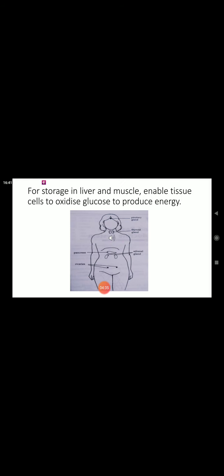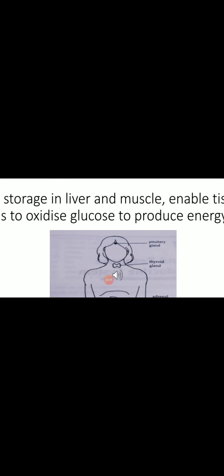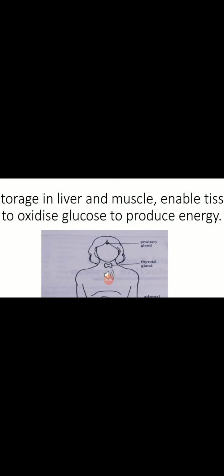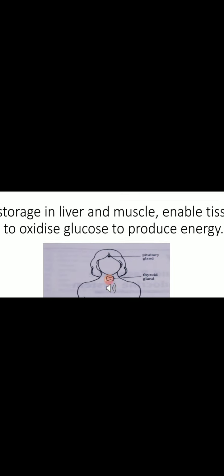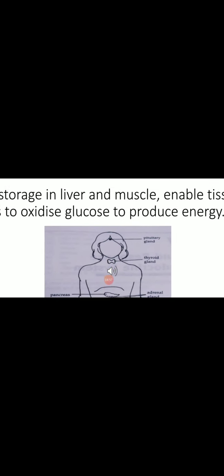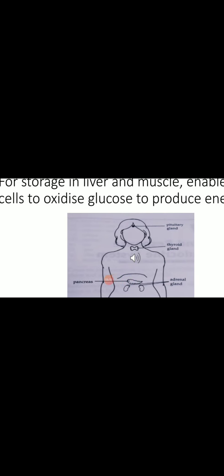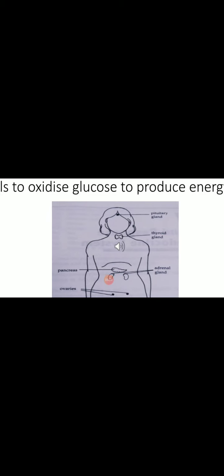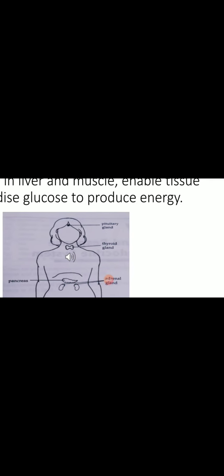In this slide, you are seeing a diagram. In this diagram, the positions of the different glands that produce secretions are indicated. If you start from the top, the pituitary gland is in the head region, the thyroid gland in the neck region, then the pancreas below the diaphragm, which produces insulin. On top of the kidneys are the two adrenal glands that produce adrenaline.